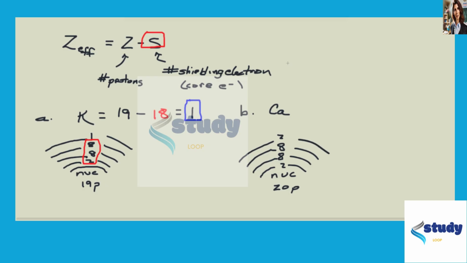So when we do our math, we're going to have our 20 protons. Now, how many are core or shielding? Well, in this case, it's the same number as in potassium, 2 plus 8 plus 8, or 18, giving the effective nuclear charge of calcium as 2.